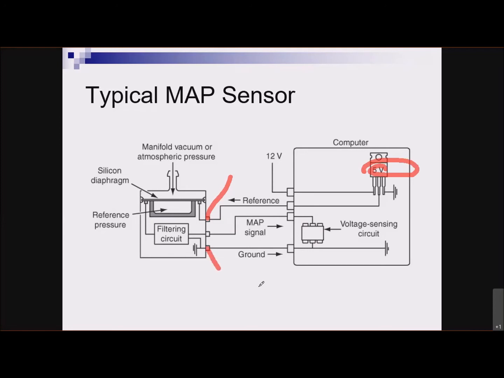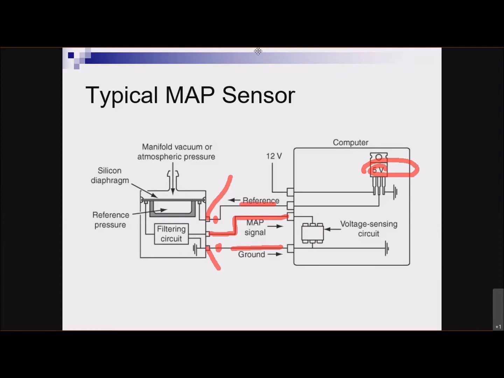So I could use an ohm meter between here and another known good ground. I could use a voltmeter, if I hook the voltmeter to this wire and it reads 5 volts, then I know not only is this wire good, but this wire is too. And then the other thing I could do is ohm meter check this wire.